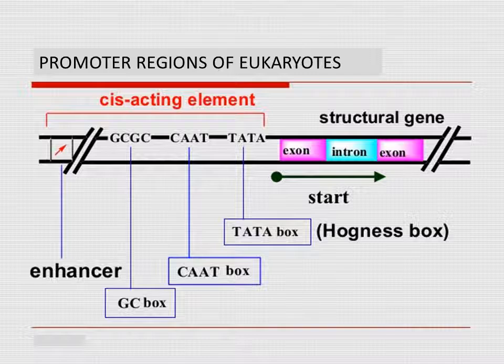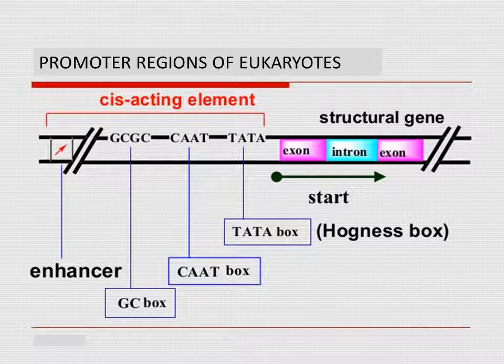Here are the sequences. These are shown. We can see this is the start site, and before this here are the segments, conserved sequences. They are known as the promoter region. So the promoter region contains the TATA box, which is also known as the Hogness box, the CAAT box, and the GC rich box.